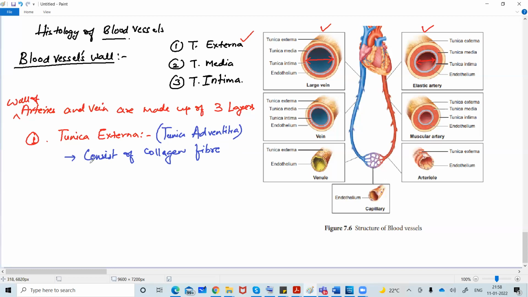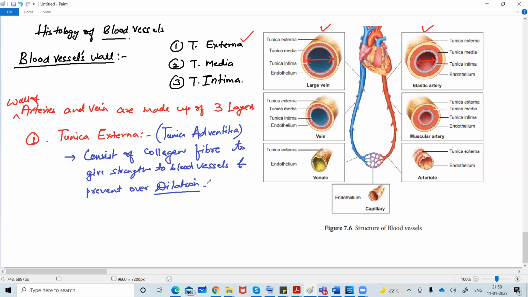So you can say the first point, that tunica externa consists of collagen fiber to give strength to blood vessels in both the cases, arteries or vein, and prevent over dilation, so that they should not get stretched beyond the limit.